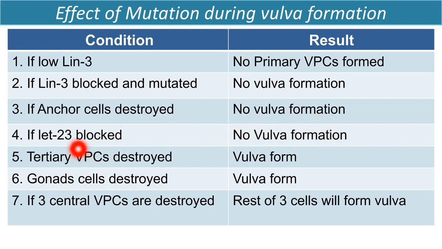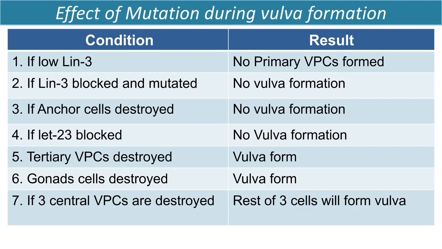Now the fourth case, if LET-23 is blocked. We know that LET-23 acts as a receptor for Lin-3 protein on the VPCs. So in case of LET-23 blocked, there will be no one to receive Lin-3 protein. So in this case also, there will be no vulva formation.